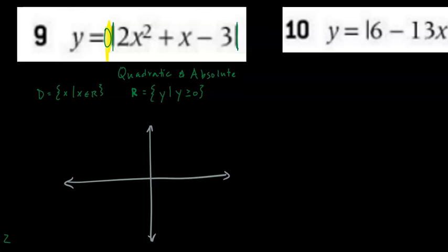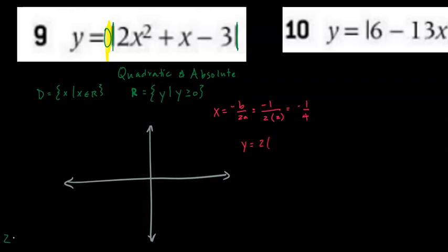First of all, we need to find the vertex. It's going to be negative b over 2a. So that's going to be negative 1 over 2 times 2, which means it's negative 1 over 4. And then let's go ahead and figure out my y value of that. So y equals, and I'm just going to do it like a quadratic, right now disregarding the absolute value sign.